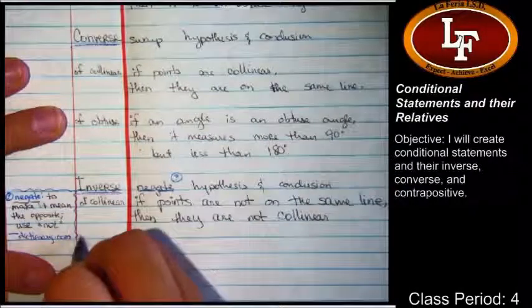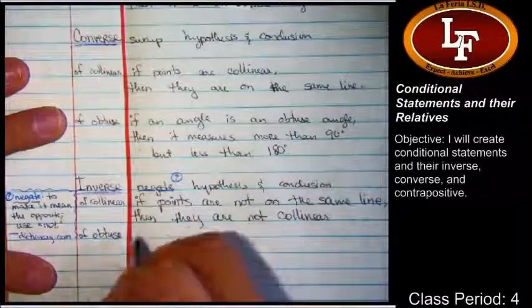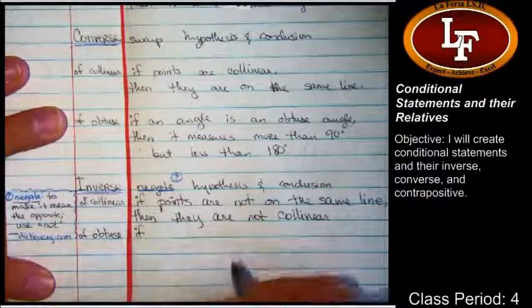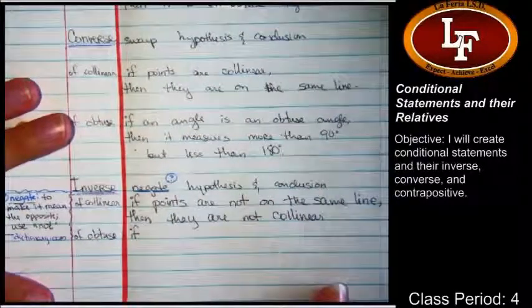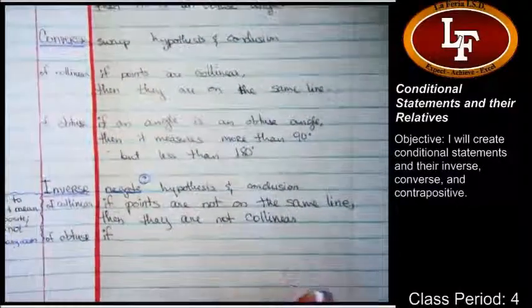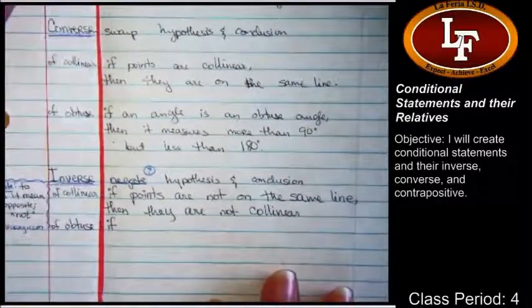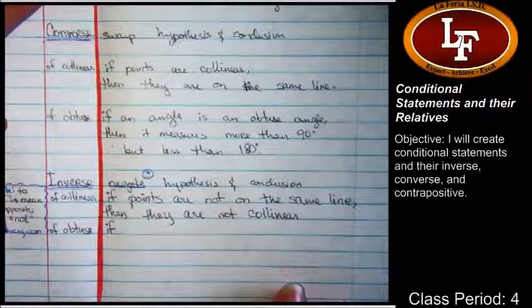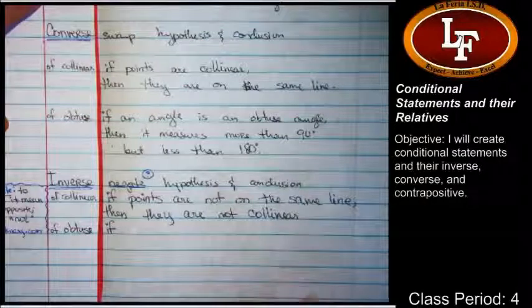All right, let's do obtuse. What was the original hypothesis for that conditional? If it's more than 90 degrees but less than 180, okay?